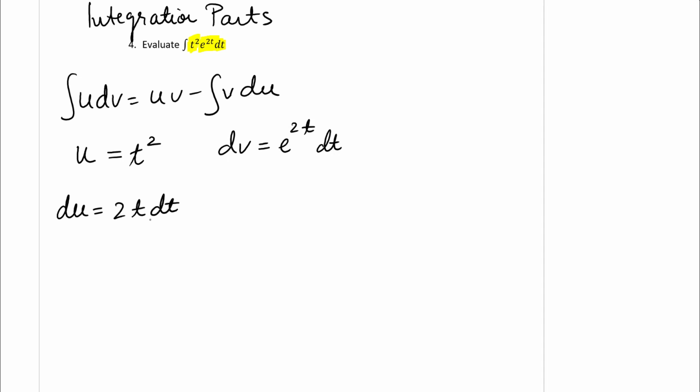Now I know that we made the right choice, because when we differentiated this, we got the power less. So we are decreasing the powers of the polynomial function, so it's going to be easier for us to calculate the integral. And v is the integral of that, which is e to 2t over 2. So this integral is equal to uv, which is t squared e to 2t over 2, minus the integral of v du, which is 2t dt.